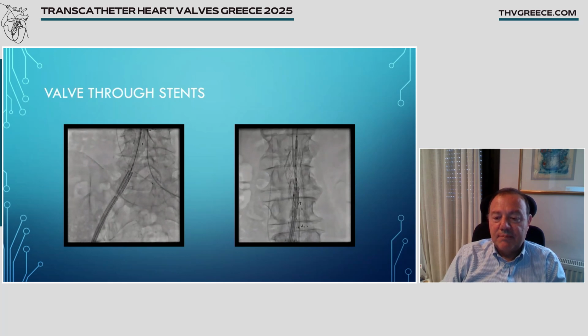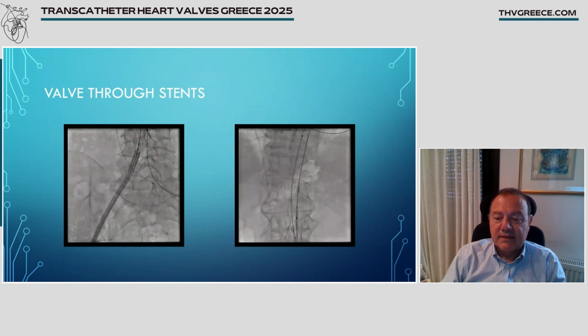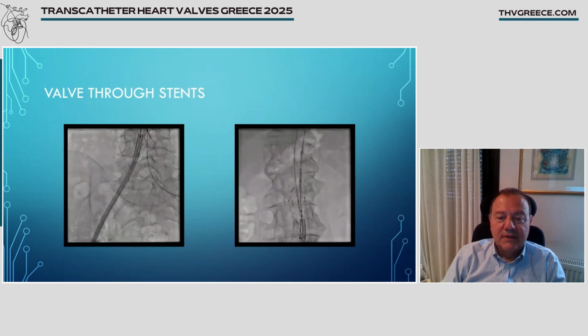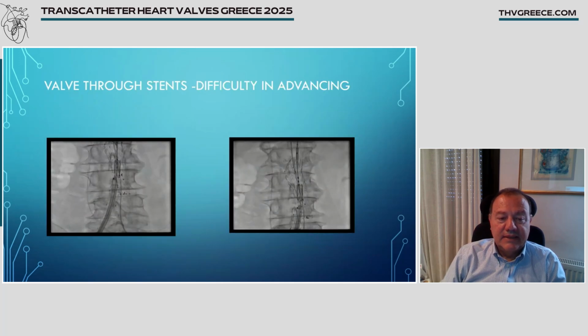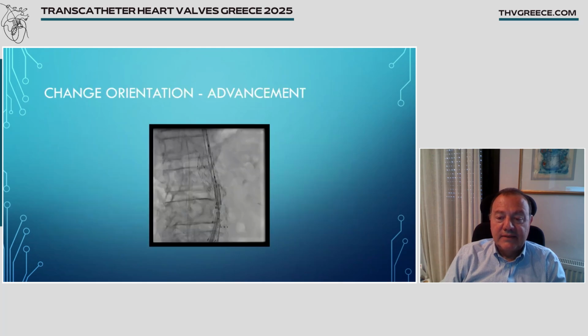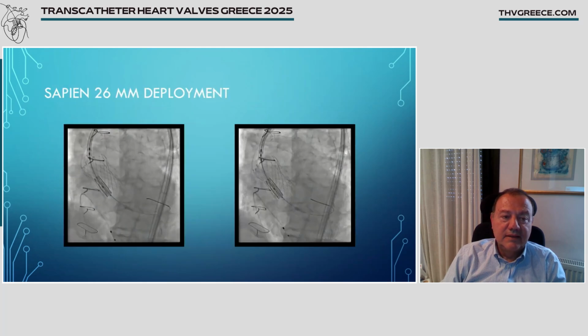If we kept pushing, the valve started coming off the balloon, and you can see it here. The valve is in a slightly different plane now. So instead of pushing, we pulled back, changed the orientation of the valve, and the valve passed easily through the abdominal stent.